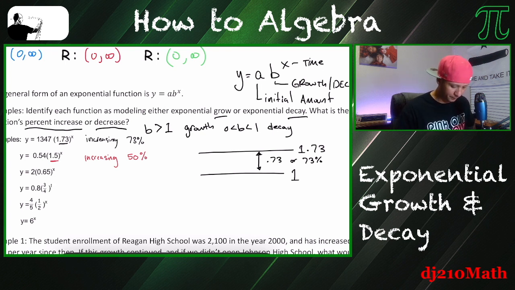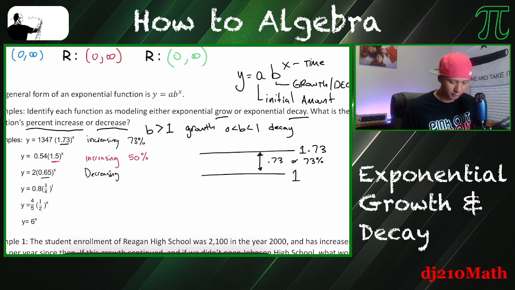The next example, 2 times 0.65 to the x power. So 0.65 in relation to 1, it's obviously less. So this is decreasing or decay. And you say, by how much? Looking at the little chart to the right, 0.65 is less than 1.